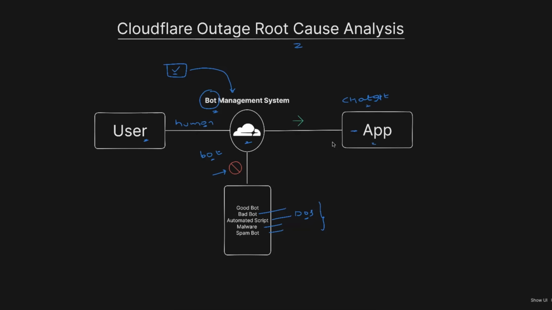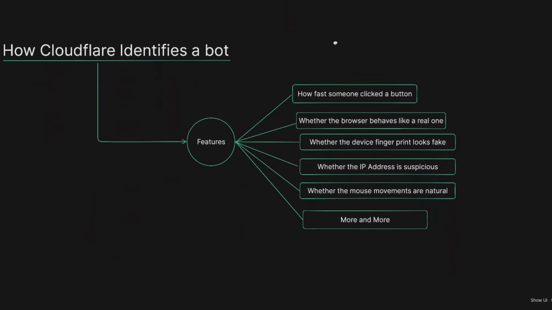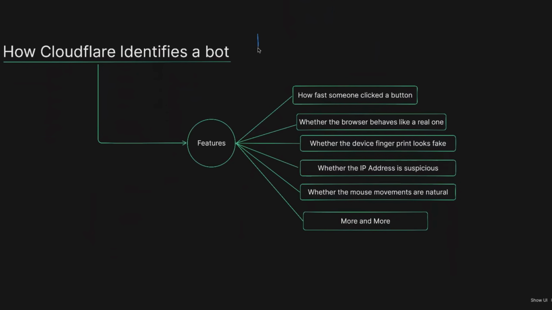Now, what's very interesting here is how the bot management system, with a very simple checkbox click, understands if you are a human or a bot. So this is where they must have developed a very interesting machine learning model. And this model should be trained on features like how fast someone clicked on the button.